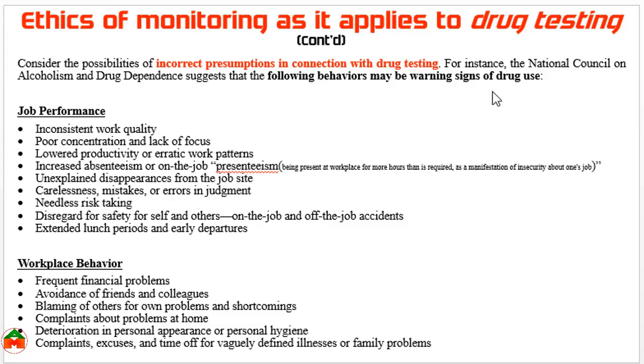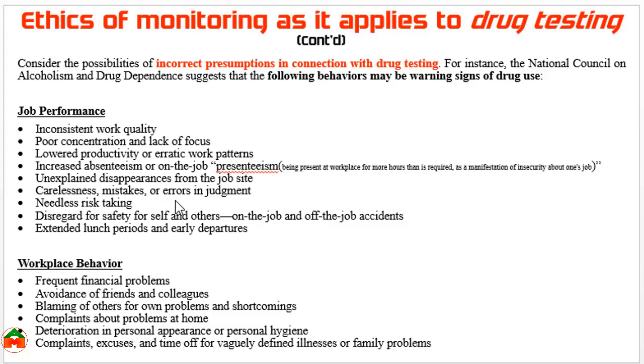On the other hand, due to drug use, there may be some workplace behavior such as frequent financial problems, avoidance of friends and colleagues, blaming of others for own problems and shortcomings, complaints about problems at home, deterioration in personal appearance or personal hygiene, complaints, excuses, and time off for vaguely defined illness or family problems.